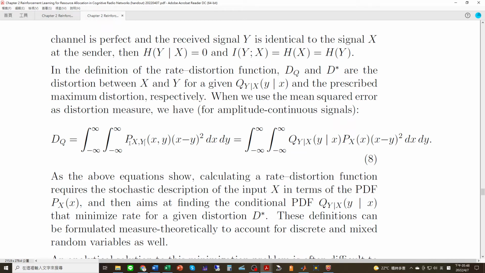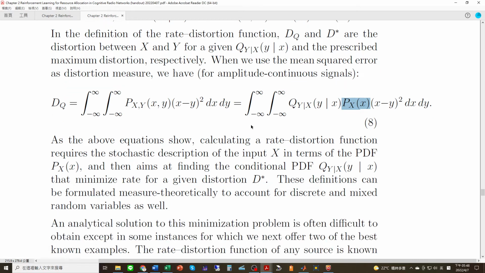So why does this equality hold? Because the joint PDF of x and y is equal to the conditional PDF of y given x times the marginal PDF of x. You should have learned this relationship when you were taking the course probability in the university.